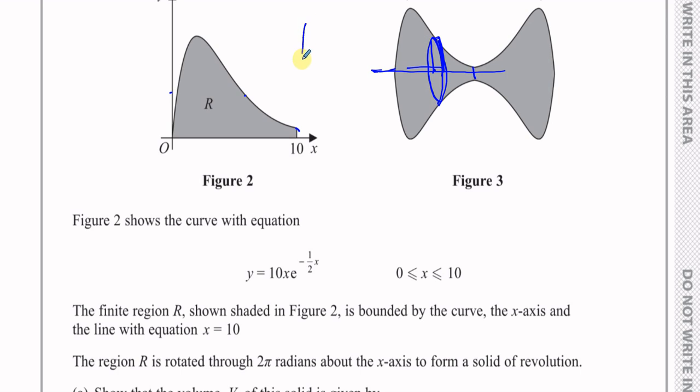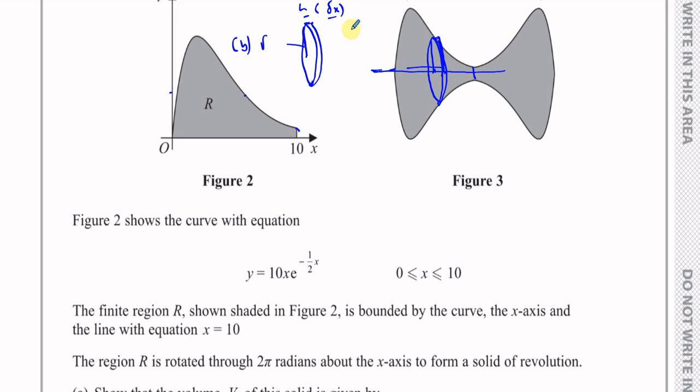So you have a cylinder that's really thin, and the radius of the cylinder is the y value, and the height of the cylinder, or the thickness of the cylinder, is a small little part of the x-axis, a very small part.